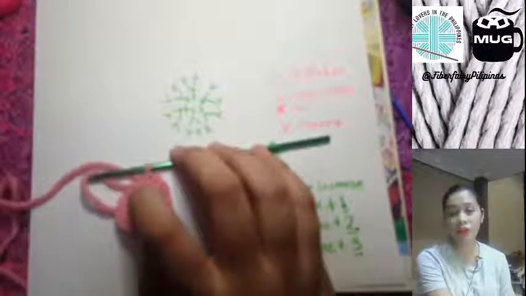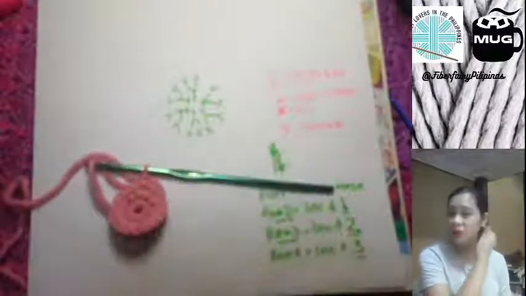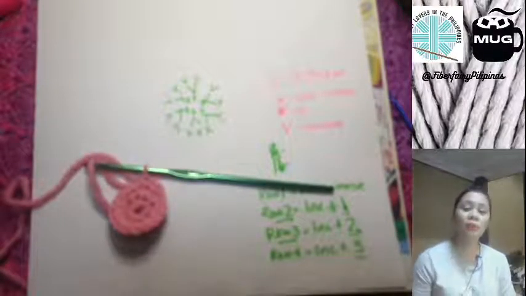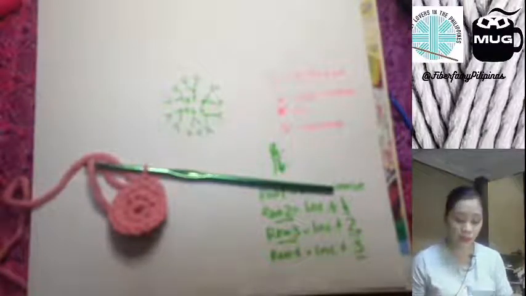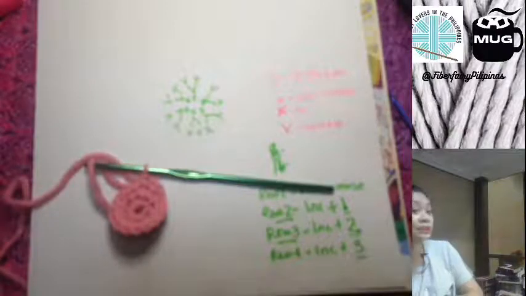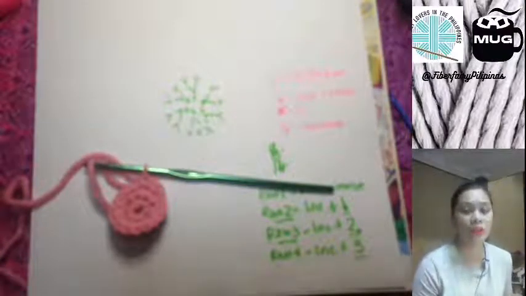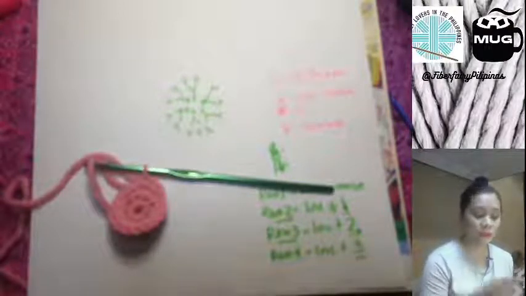And because of that, you really need to learn how to gauge your work. And yun nga, nasabi ko sa inyo kanina yung gauge and the measurement. Importante talaga na matuto kayo na mag-gauge ng work nyo. And let me show you. Usually kasi sa YouTube videos, they don't show you how to gauge your work. So, hindi nila sasabihin sa'yo na, this number of stitches is equivalent to this, and this number of stitches is equivalent to that.